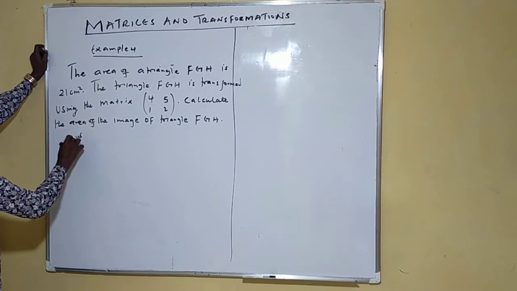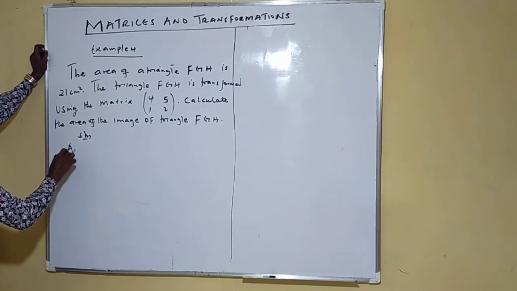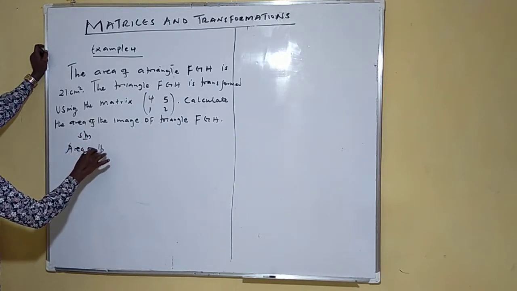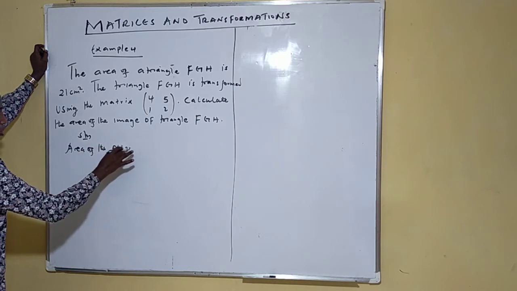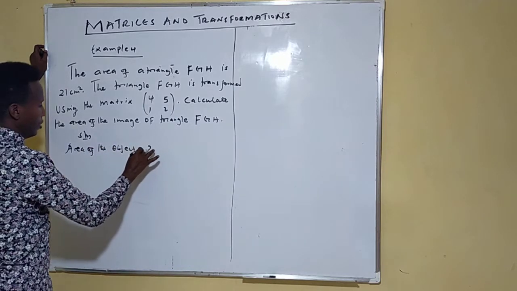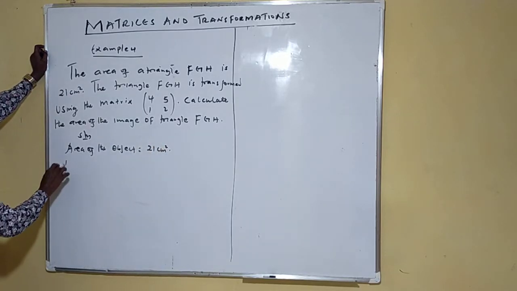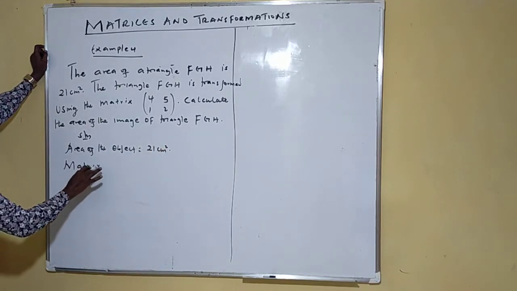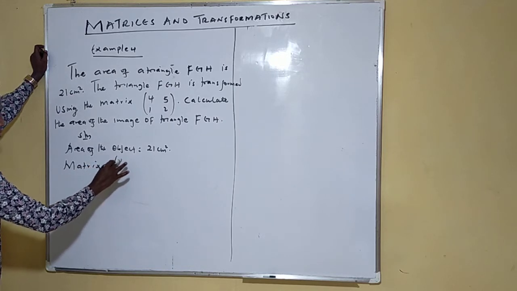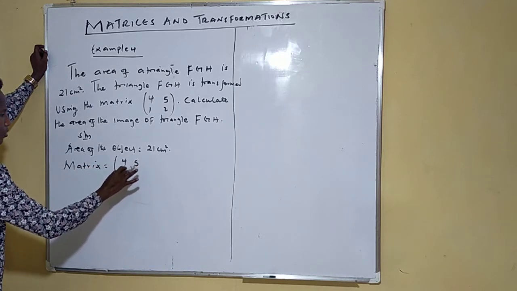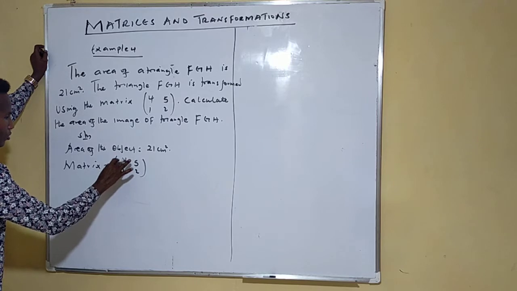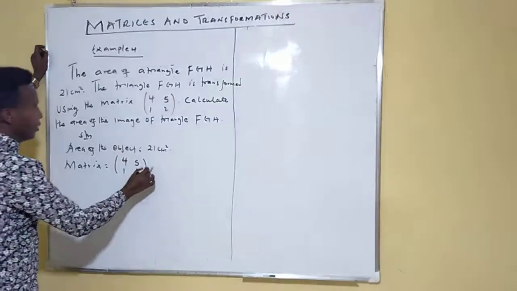We have the area of the object, which is equal to 21 centimeters square. We have also the matrix, which is 4 1 5 2. Just understand this.